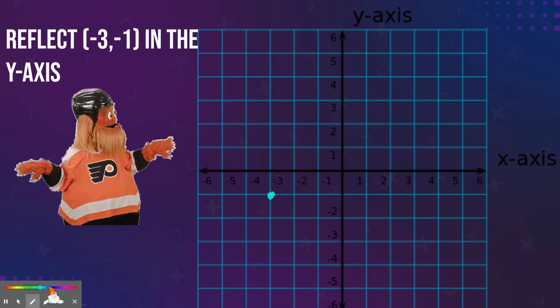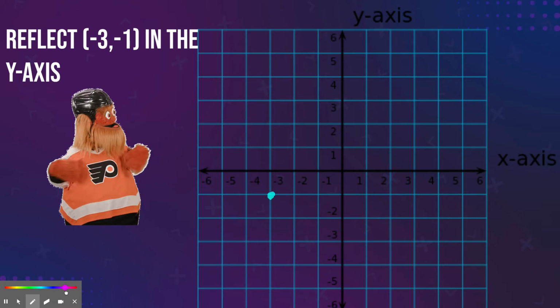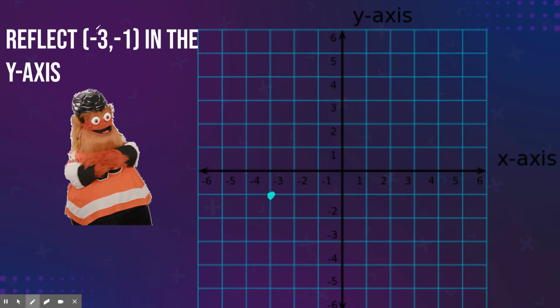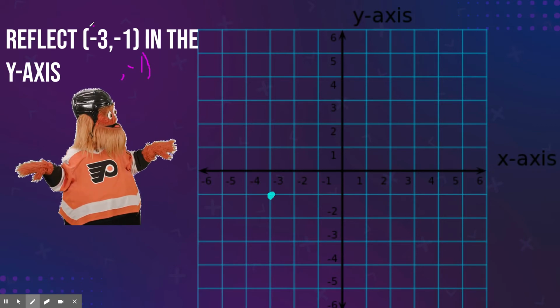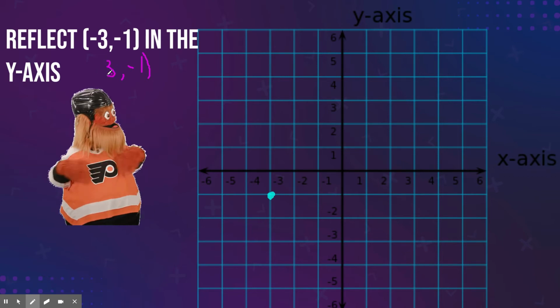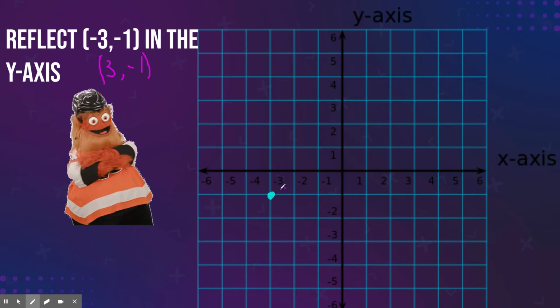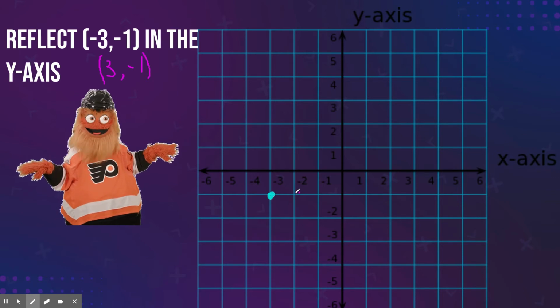And now I'm going to reflect it across the y-axis, or in the y-axis. I'm going to keep the y, so it stays -1, and I change the sign, or do the opposite, of -3, which is +3. So then I go +3 on x.